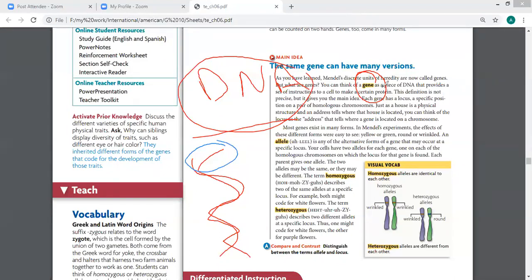We know that for each trait to form, for example the hair color, yellow hair color, you must have its protein. This protein is made from the DNA, and DNA consists of a sequence of genes.